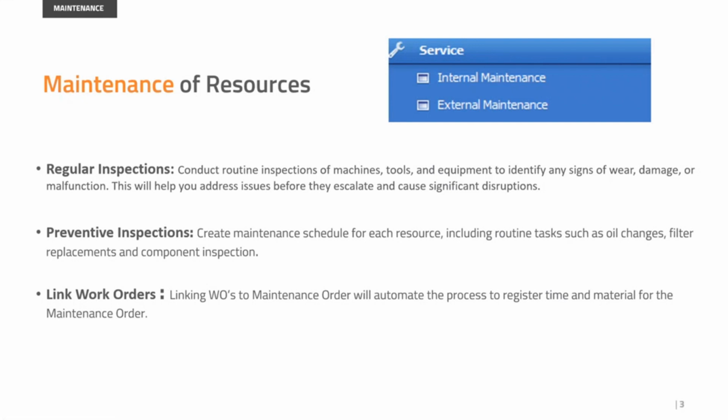And of course, we also have the option to automatically create work orders and also to have bills of materials, items, and routings created with these work orders. So it makes it easier to automate the whole process.